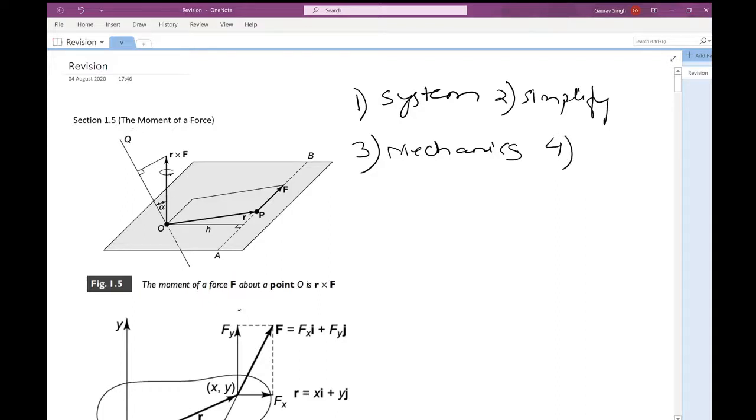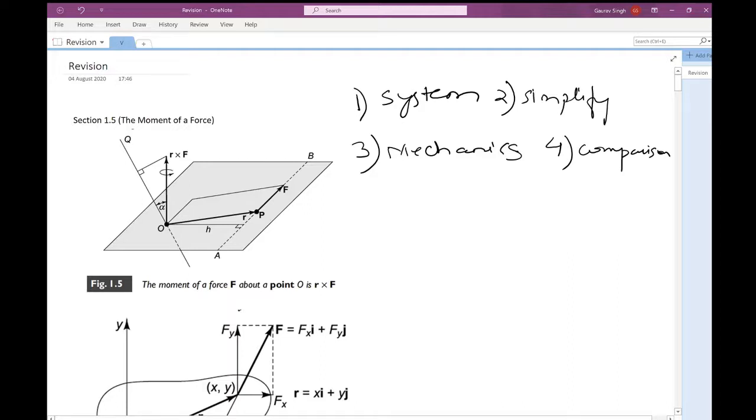The fourth part is the comparison. This means that whatever you have predicted as a solution to your problem, does it actually match, or is it of a similar nature that is seen in real life?